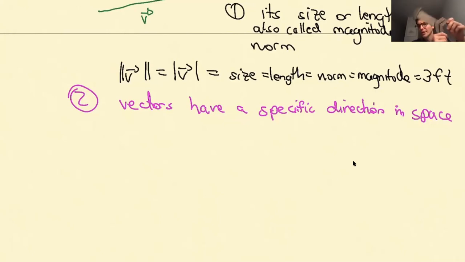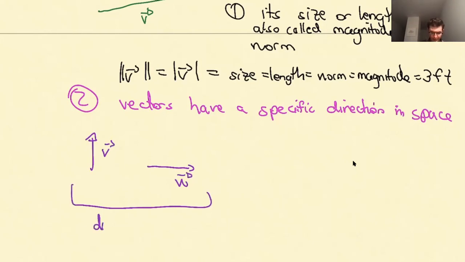The moment you change where the vector is pointing, it doesn't matter if the size did not change. Just because the direction changed, they're regarded as different vectors. So these two are different vectors, even if their sizes are the same.